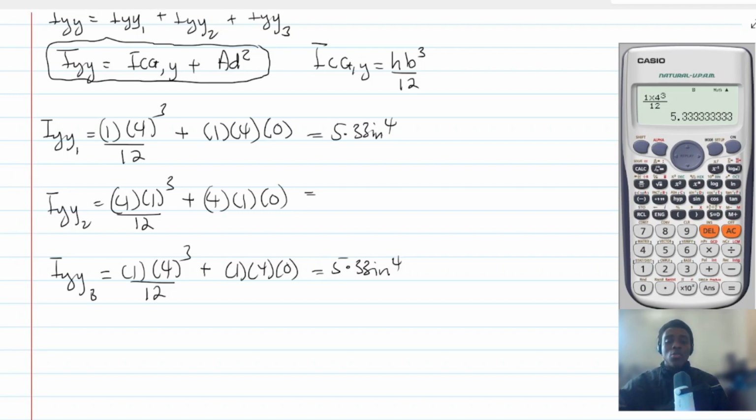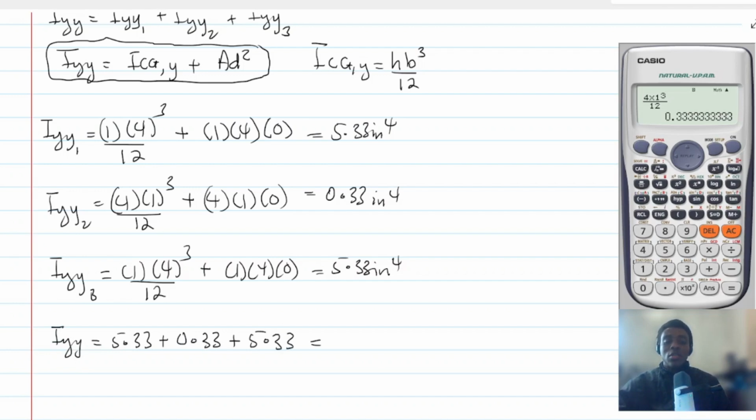But then the second one, we have to swap it. And please, if you don't take care and just interchange them, the whole thing will be wrong. So you have to take your time and do it. All right. So 4 multiplied by 1 cube divided by 12. And that is 0.333. So then Iyy of the whole figure is going to be 5.33 plus 0.33 plus 5.33.